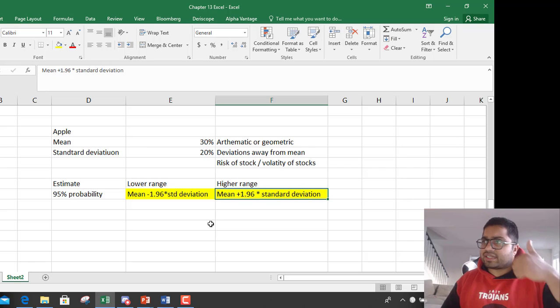Now this can be predicted for stock prices, and it can also be predicted for stock returns. Prices can be given in dollar amounts, or in percentage returns.